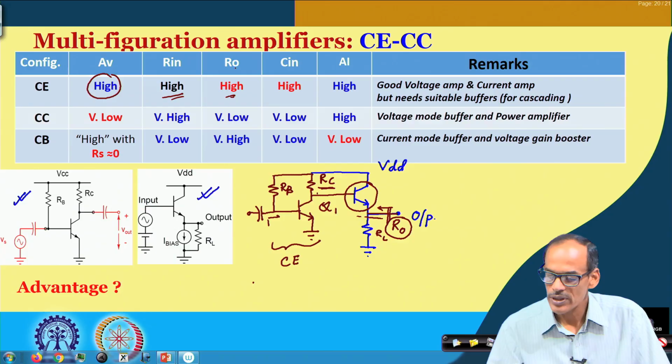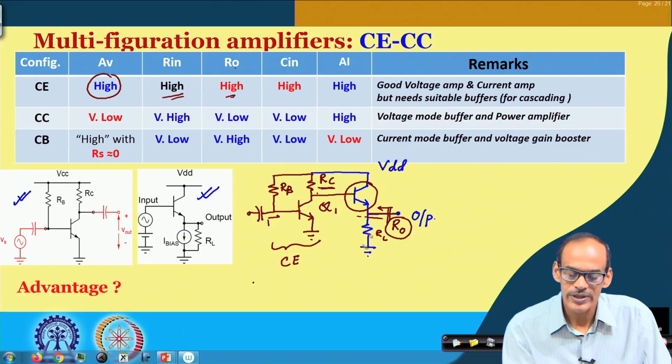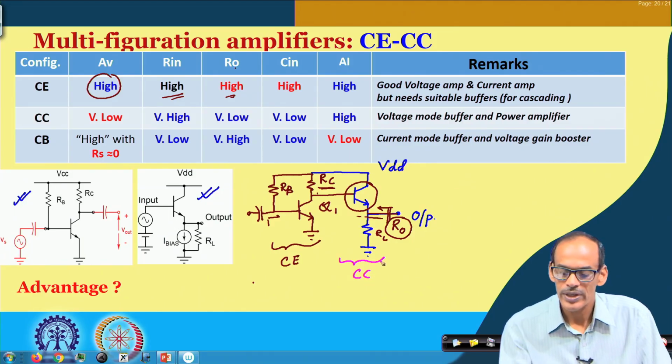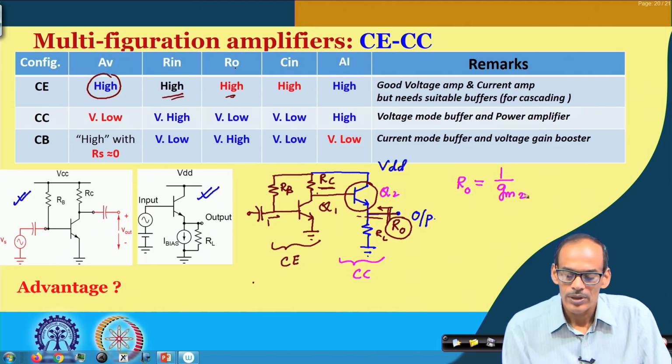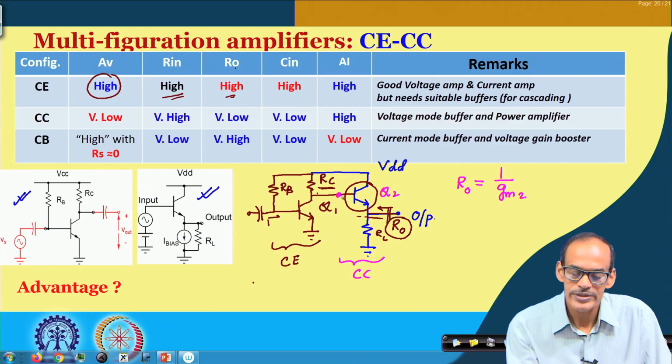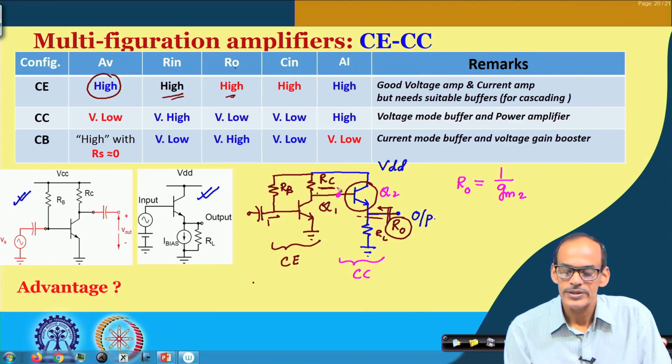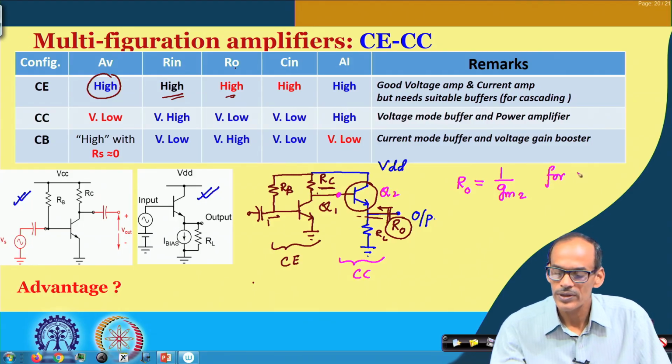So, what is the output resistance? You may recall, this is the CC stage. Naturally its output resistance expression, we expect, will be 1 by Gm of this transistor, assuming that the resistance of whatever circuit we have here is 0. This is true if the resistance of the signal source is 0, so if Rs is equal to 0.